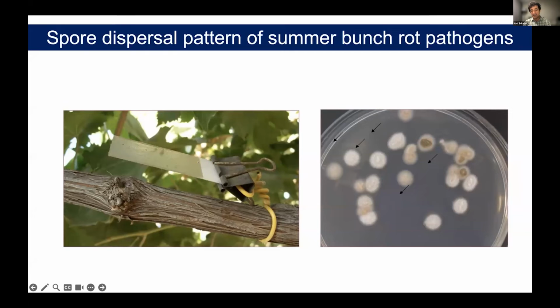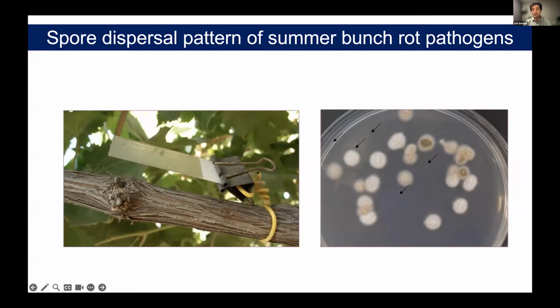These are simple microscope slides covered by petroleum jelly, which is Vaseline, and it's sticky. When you keep them in the vineyard, on the cordon, if there are spores, those spores can stick to the Vaseline. We collect them, bring them into the laboratory, wash them, and then culture them on the media.